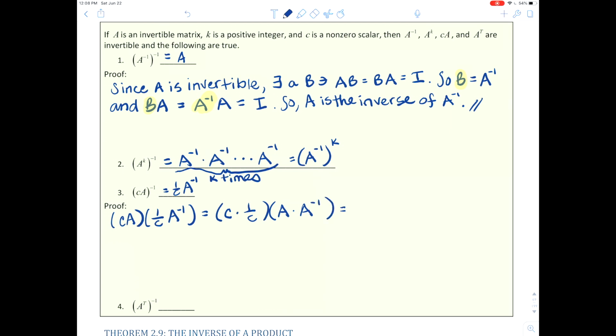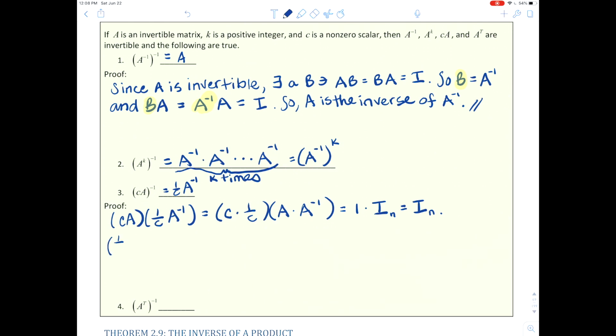Well, that's going to give us 1 times the identity matrix, which is the identity matrix. And we'll just put I_n for this one. So that's the first part. What do you think we do next? Beautiful.